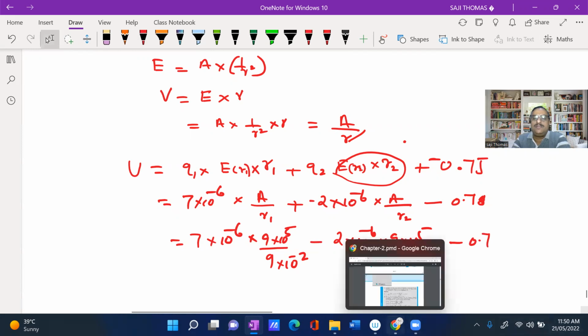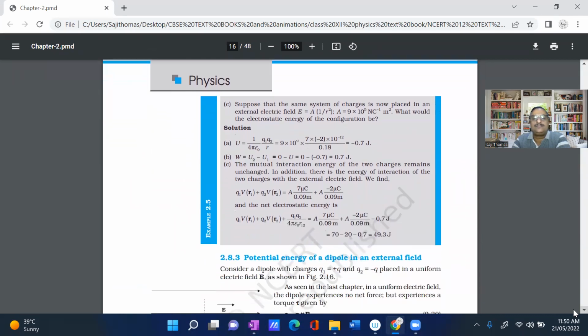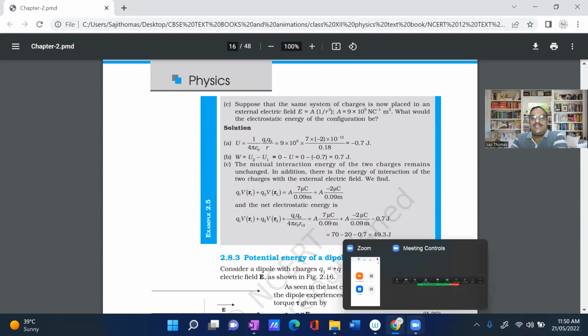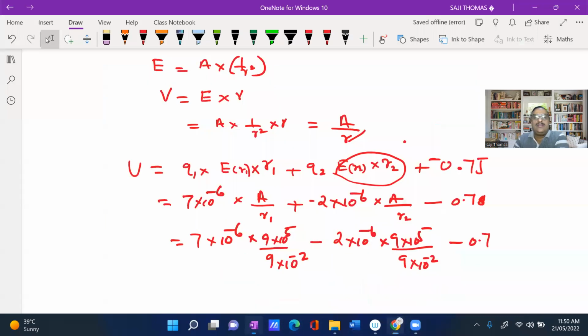Okay, you simplify this. On simplification, on calculation, you will get the first term as 70. Second term minus 20.